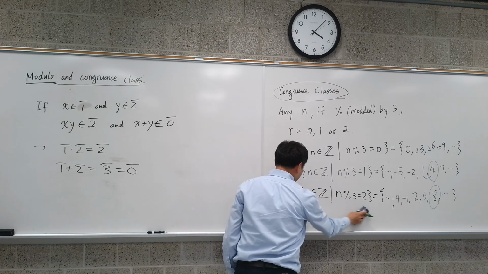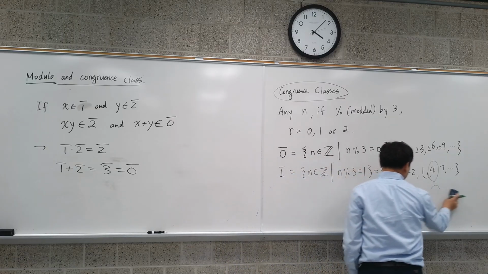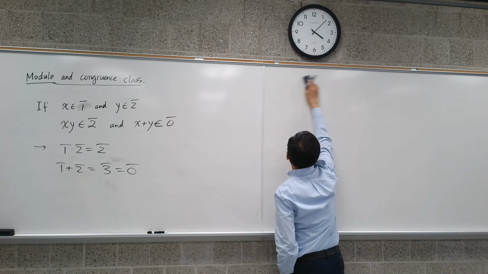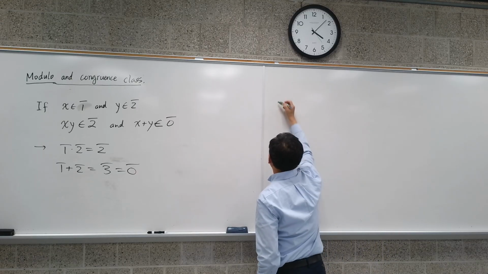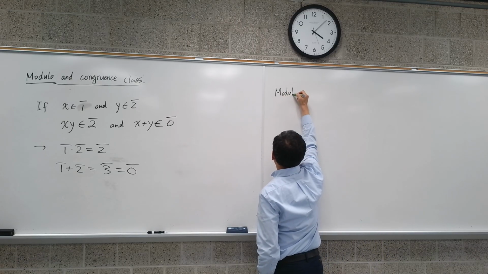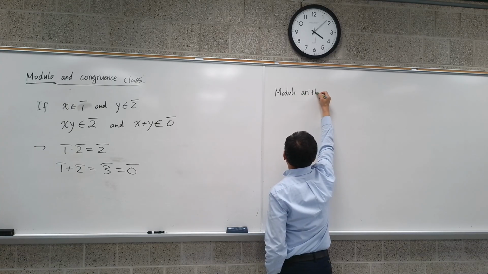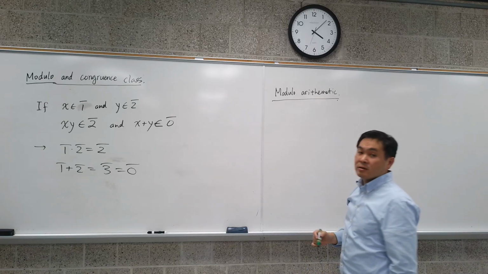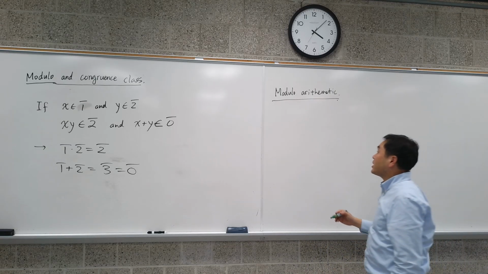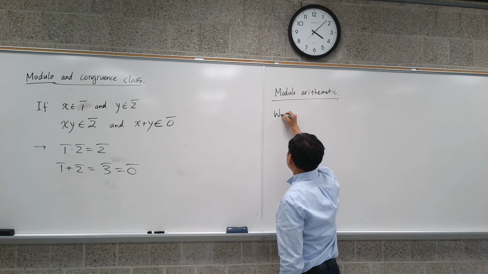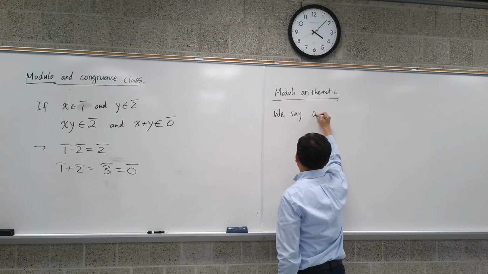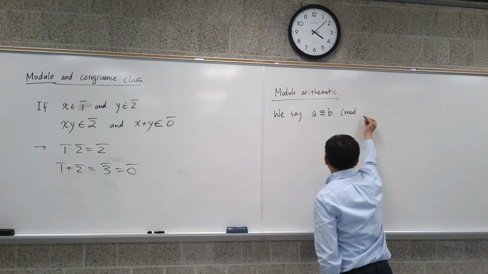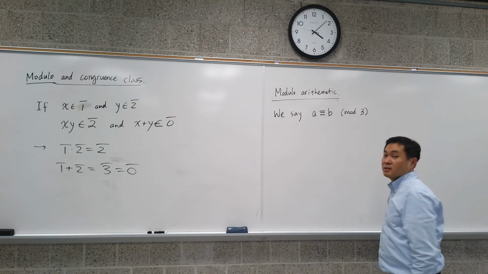So what am I trying to say? That gives rise to something called modulo arithmetic. So we say A is congruent to B mod 3, okay?